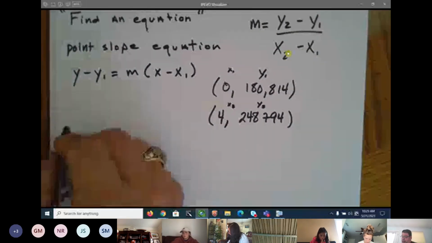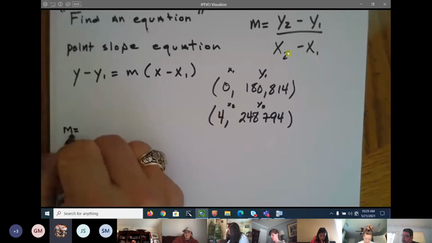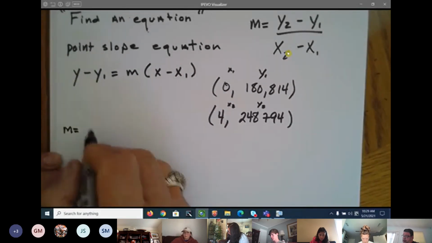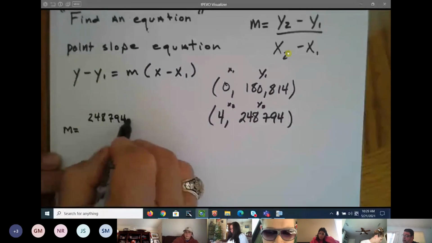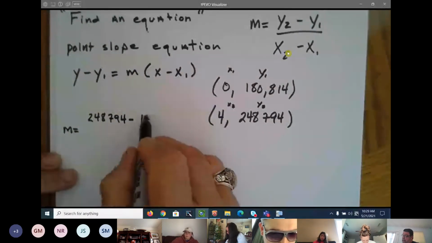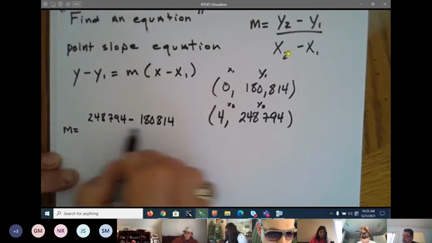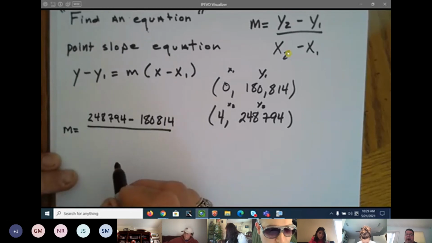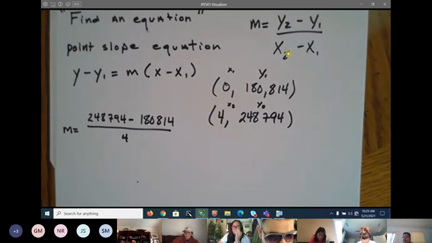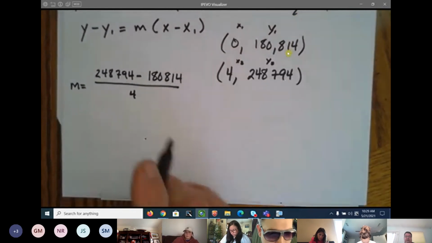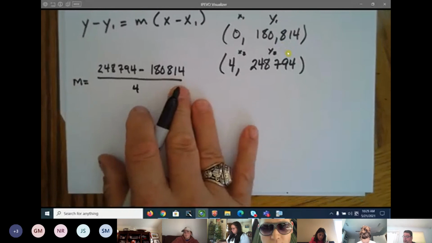So your slope is going to be equal to 248,794 minus 180,814 over, I'll do the bottom for you, 4. Somebody give me the top so we can write it down for instructional purposes.